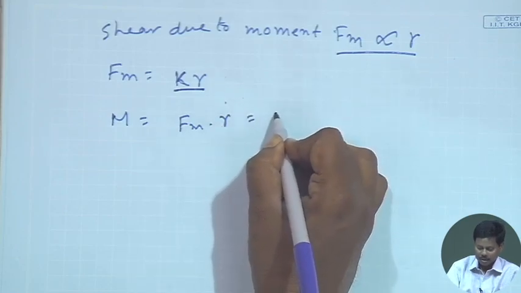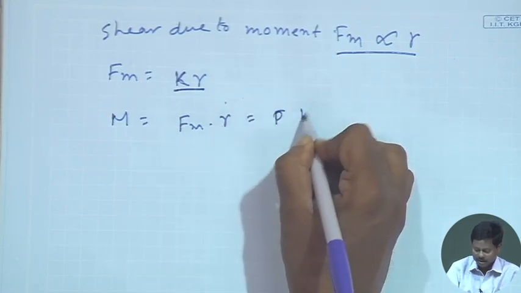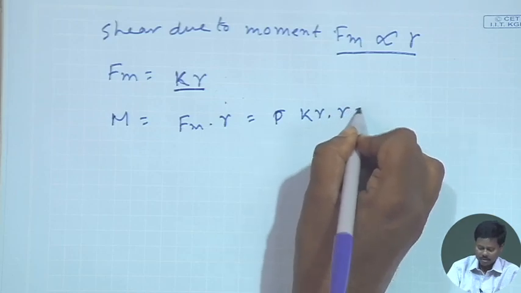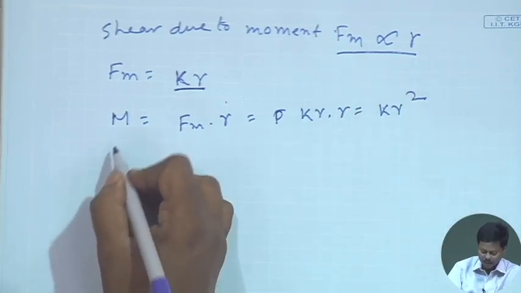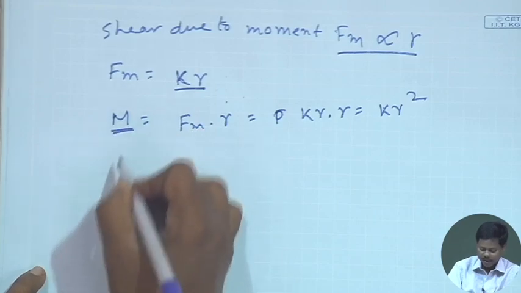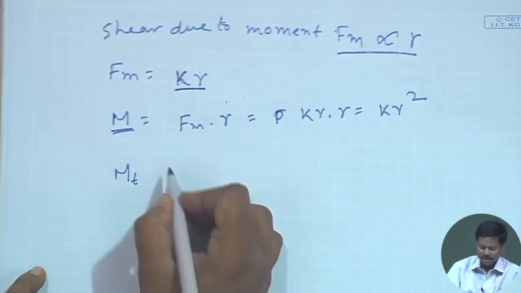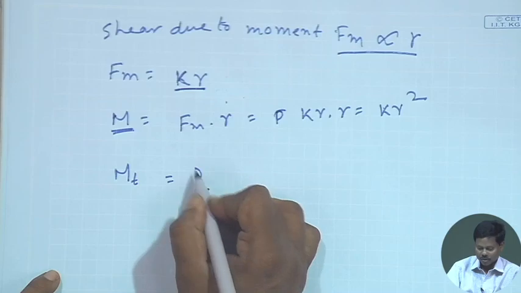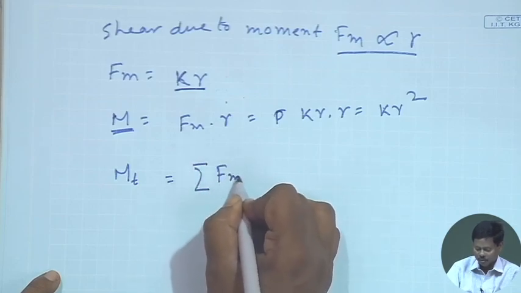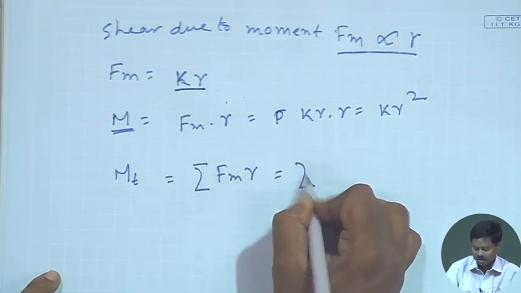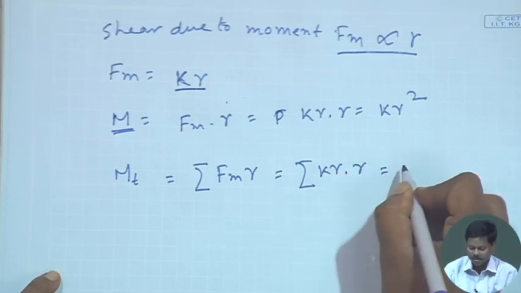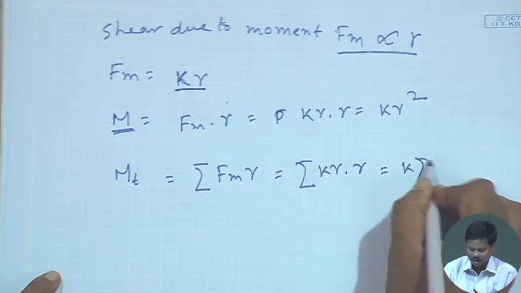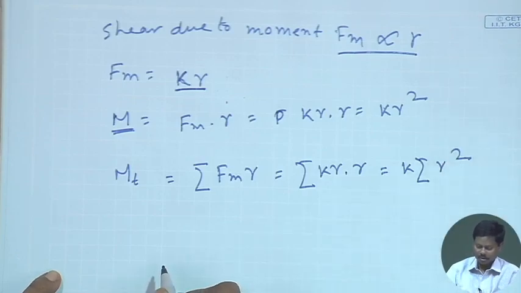Fm into r means k r into r, that means k r square, right. So, that is the individual moment. Total moment, say Mt, I can write, will be Fm into r, that means k r into r, that means k into summation r square, right.